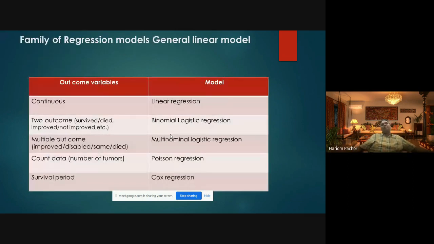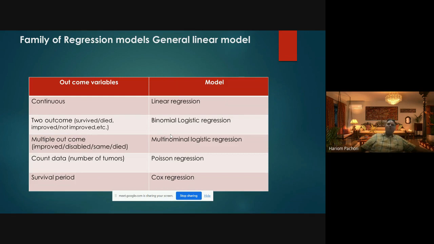Now, the family of regression models, the general linear model: if your outcome variable is continuous, go for linear regression. If your outcome variable has 2 outcomes, survived or died, improved or not improved, go for binomial logistic regression.